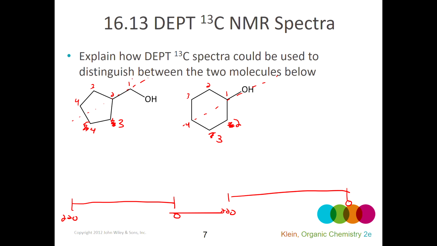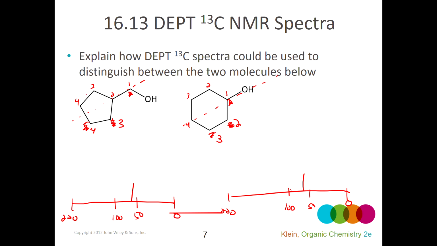One of those signals, right here for this carbon and for this carbon, would be very similar. They would both be, since they're directly bonded to an oxygen, between 50 and 100. So for both of these molecules, if I were just looking at the carbon NMR, I'd see one signal between 50 and 100.